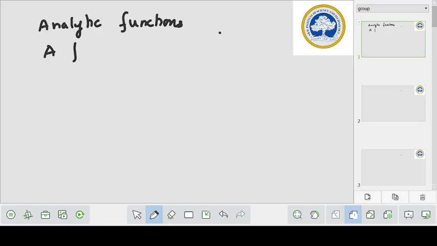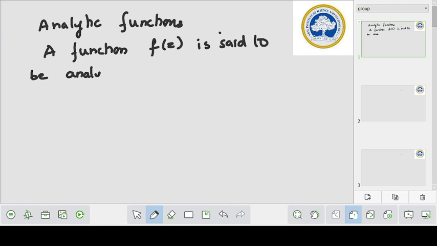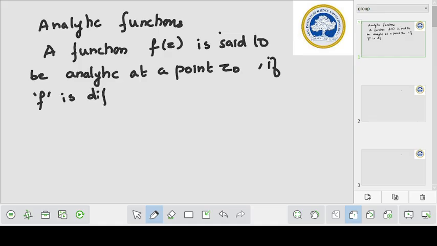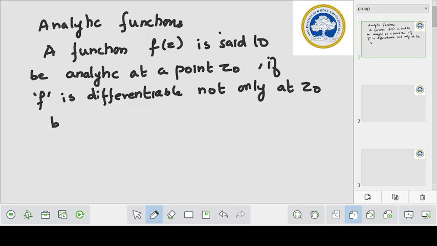A function f of z is said to be analytic at a point z naught if f is differentiable not only at the point z naught but at every point of some neighborhood.